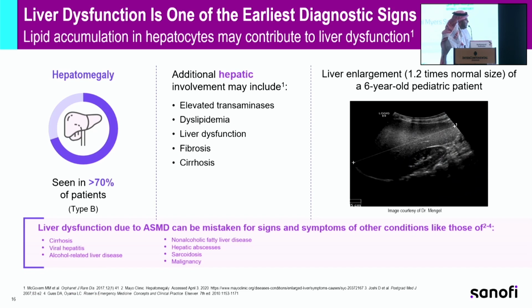Hepatomegaly can present in 70% of patients, because of lipid accumulation in the hepatocyte. So they can present with abdominal pain, elevated liver enzymes, and an elevated lipid profile. And finally, they can progress to fibrosis and cirrhosis.